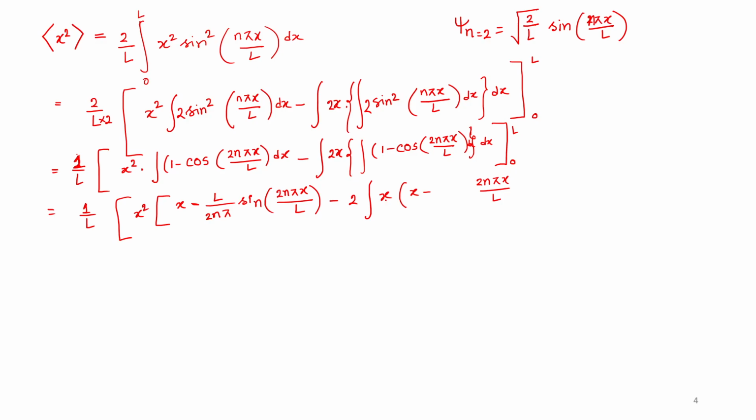So 2x is still there. I've just taken the 2 outside of the integration x, and from the inner part of the integration we will get x minus, because the sign won't change when we do the integration for that. You just get sine 2n pi x by L and L by 2n pi, right?